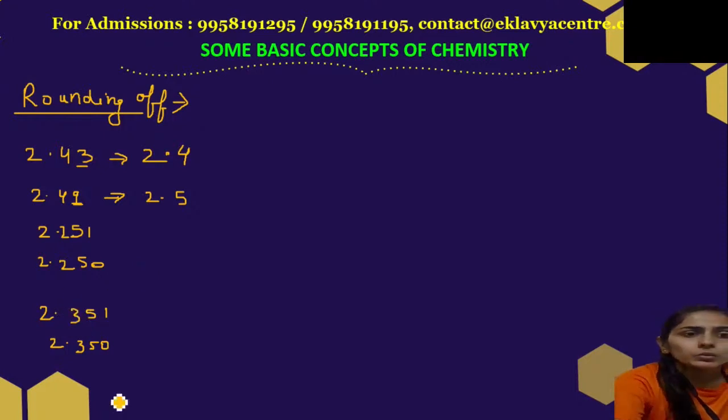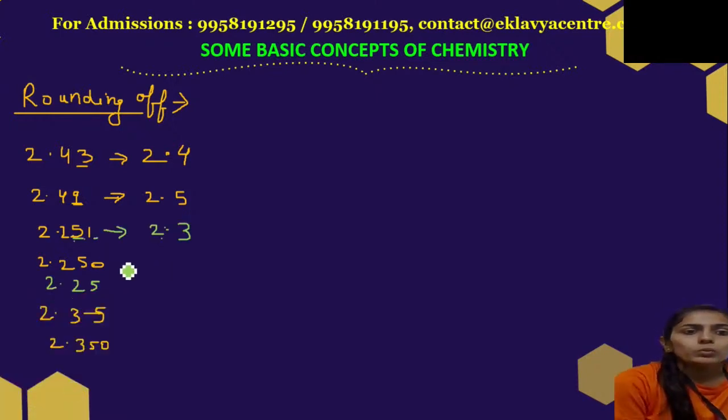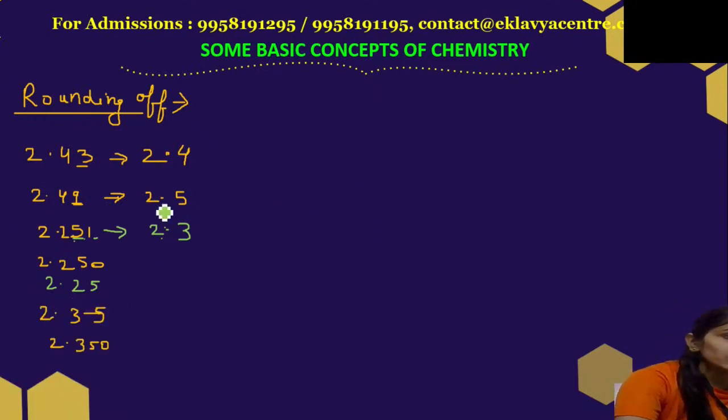Now what you have to do: 2.2551 you can simply round off to 2.26. Suppose in the exam you have 2.250 and 2.25. So what you have to do in such cases is you have to see the digit, like suppose this, you have to see this digit, this 2.